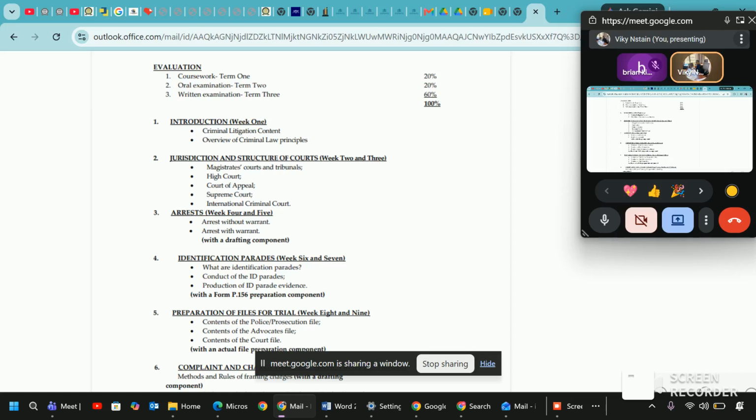So you also do a supporting affidavit to that application. So basically that is what the examiner will be looking at.